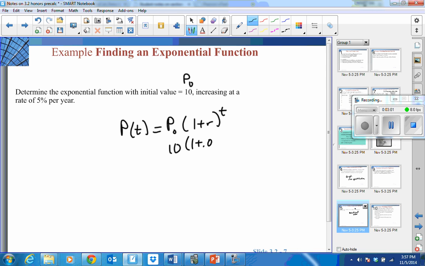Now you express that as a decimal. So this function would be expressed like that. And to simplify it, we'd have P of t equals 10 times 1.05 to the t power. And because it was increasing, that's why we had added that. If it had been decreasing, we would have subtracted 5/100ths from 1.